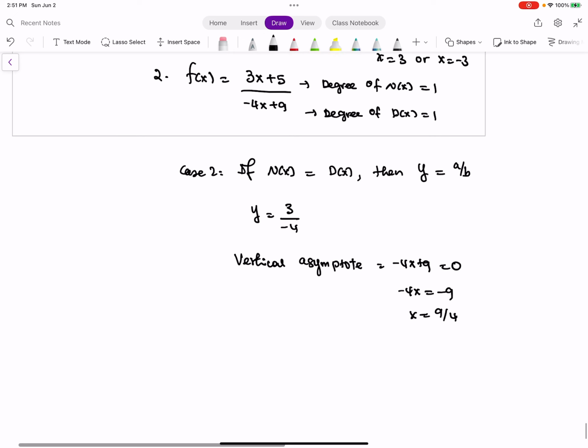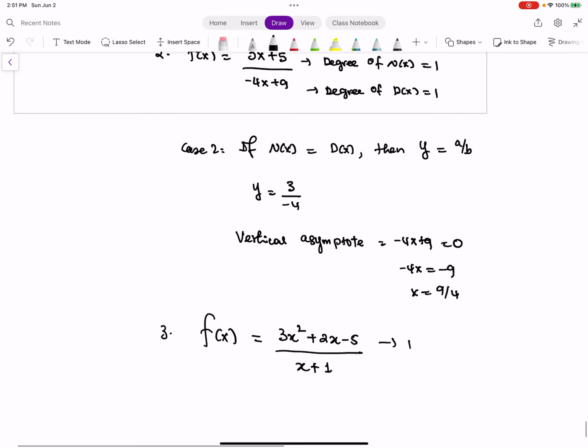For the third case, I can give you an example. Assume this is a rational function, let's say 3x squared plus 2x minus 5 over x plus 1. In this case, the degree of n of x is 2, and the degree of the denominator is 1.